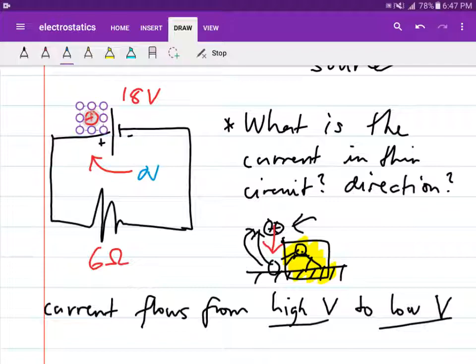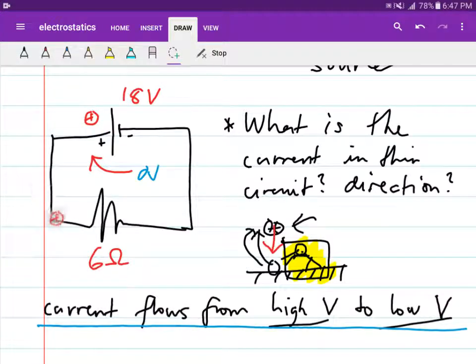And now this current, which is the flow from high to low potential, will naturally cause this charge to flow into a low potential. So it wants to go into a lower state of energy. And what happens is, when it encounters this resistor, this will cause it to consume its energy.